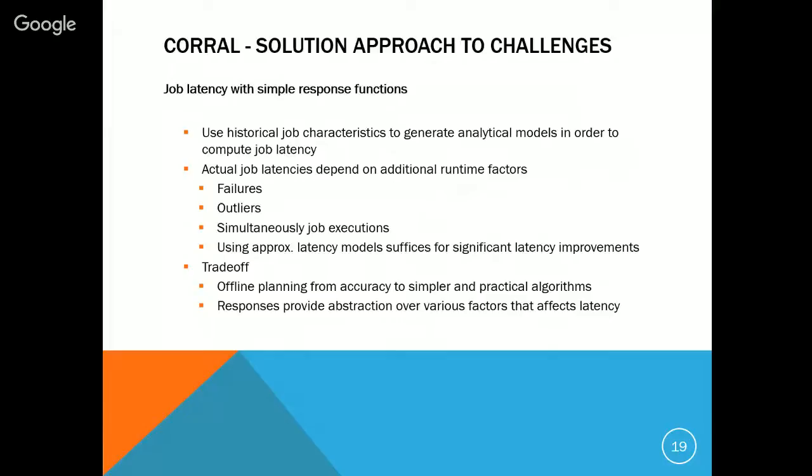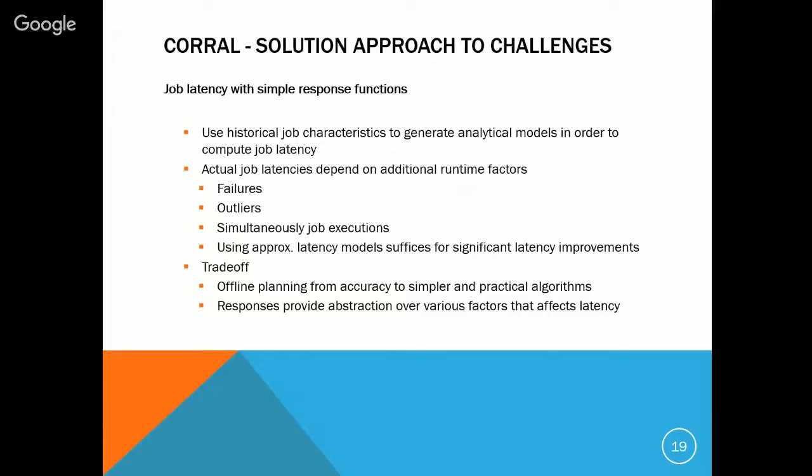This approach models job latency as a function of the number of racks allocated as well as fixed job characteristics, some options being the amount of data transfer across racks, CPU resources required, as well as maximum parallelism for the job. Using these historical job characteristics will lead us to derive simple analytical models to compute job latency.